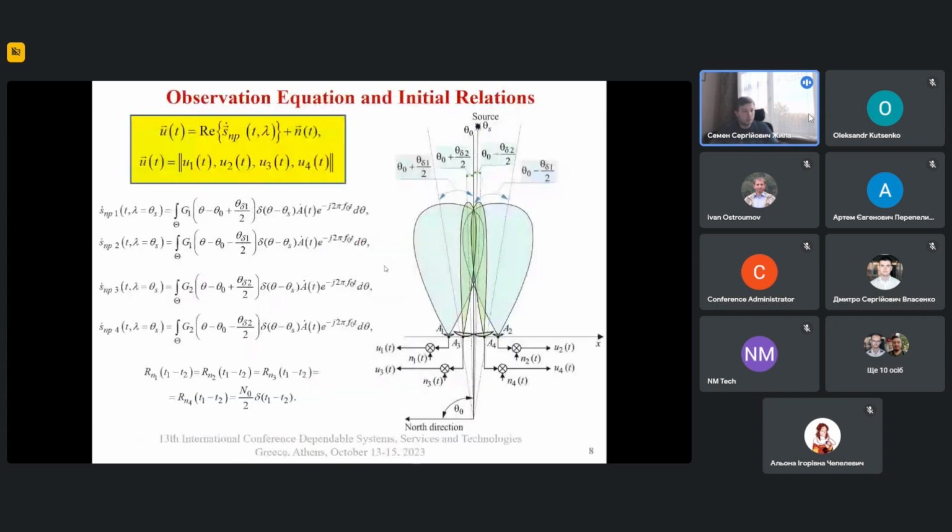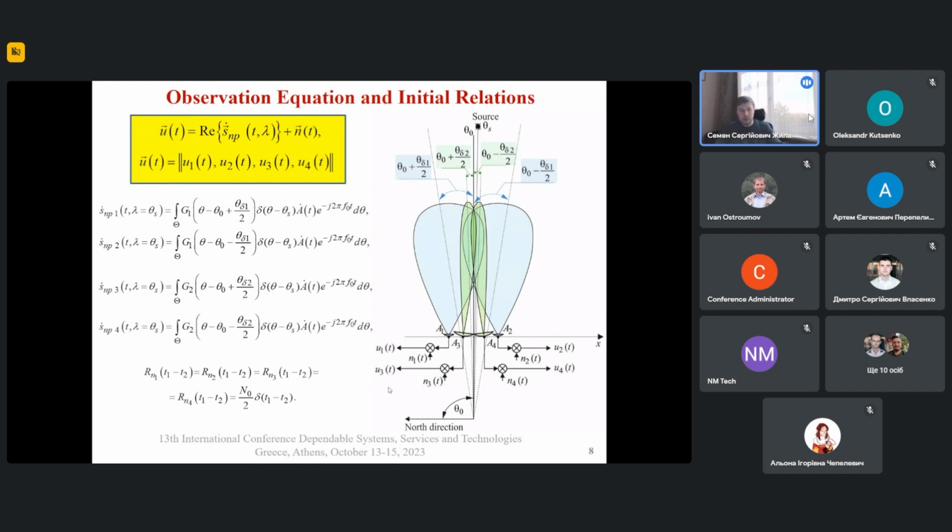To do this, we propose to use 4 antennas with 4 receivers, that have 2 wide beams and 2 narrow beams. And in this case, we have to find the optimal algorithms of signal processing.